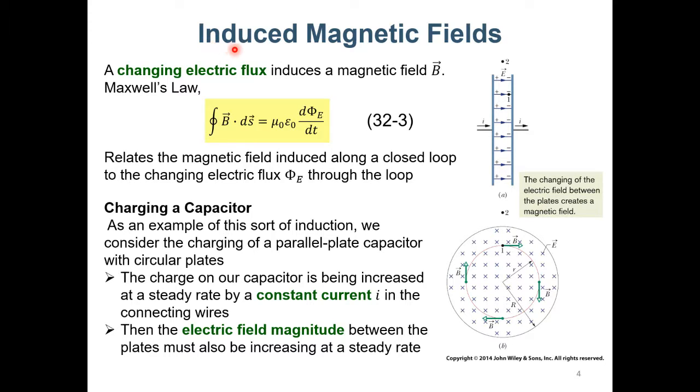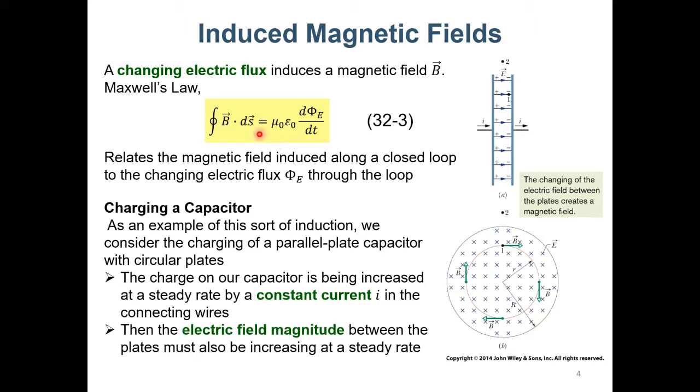Okay, the next one is the induced magnetic field. The left side you have learned in chapter 29. It is Ampere's law. At that time, the line integral of the magnetic field over an Ampere loop or contour is mu0 I, where I is the current enclosed by this loop.